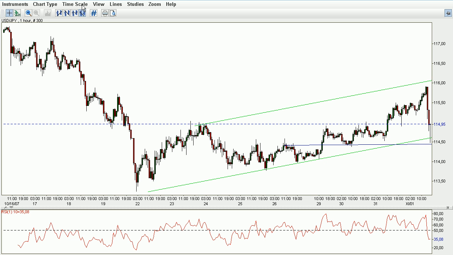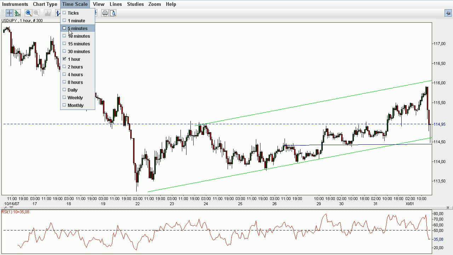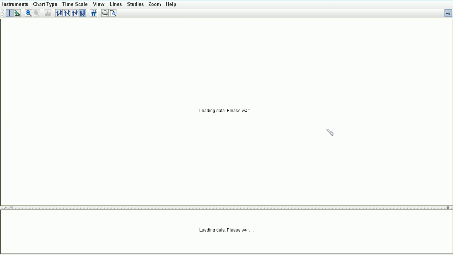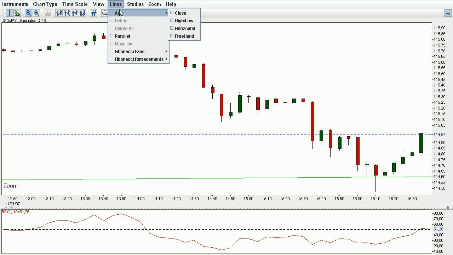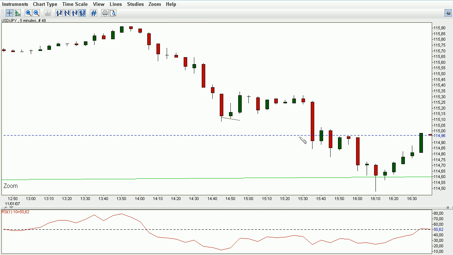Another good thing to keep in mind is to go to a smaller time scale and see whether we have any divergences forming on the relative strength indicator and our chart, as is the case here. Let me show you. We have a divergence between our price chart and the relative strength indicator.